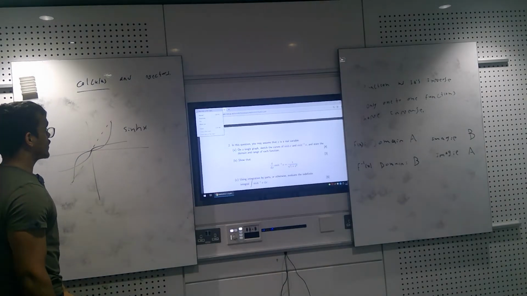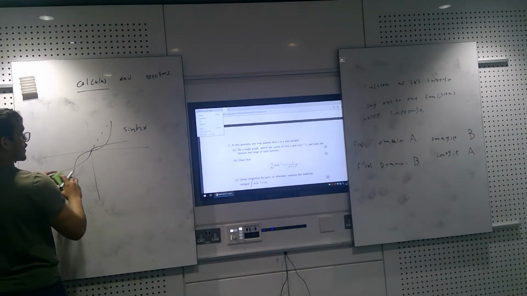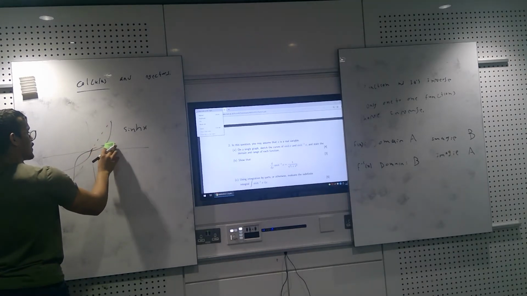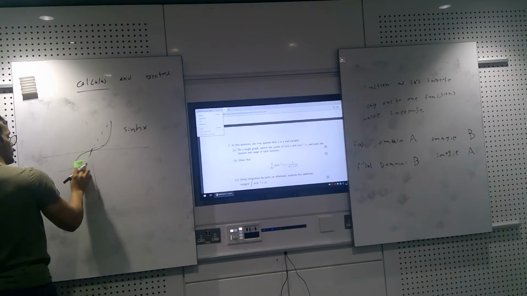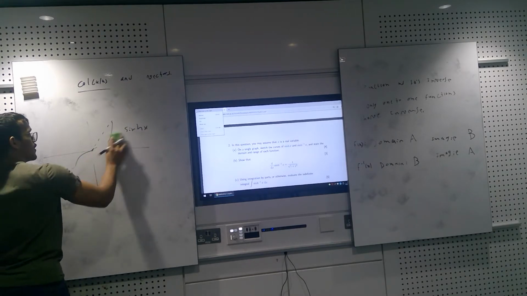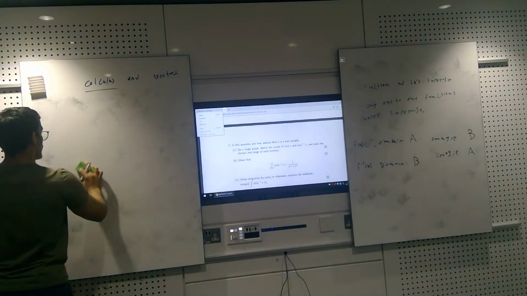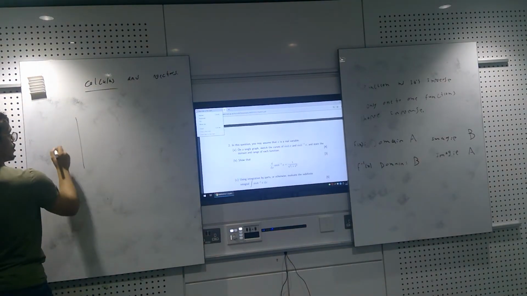A sketch, and so this is the sinh, and once you reflect it about y equals x, this means swapping the two axes.